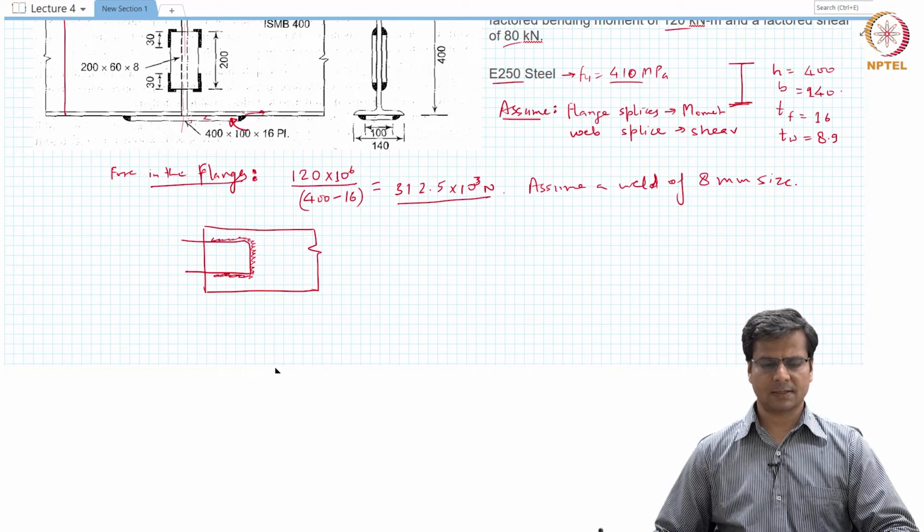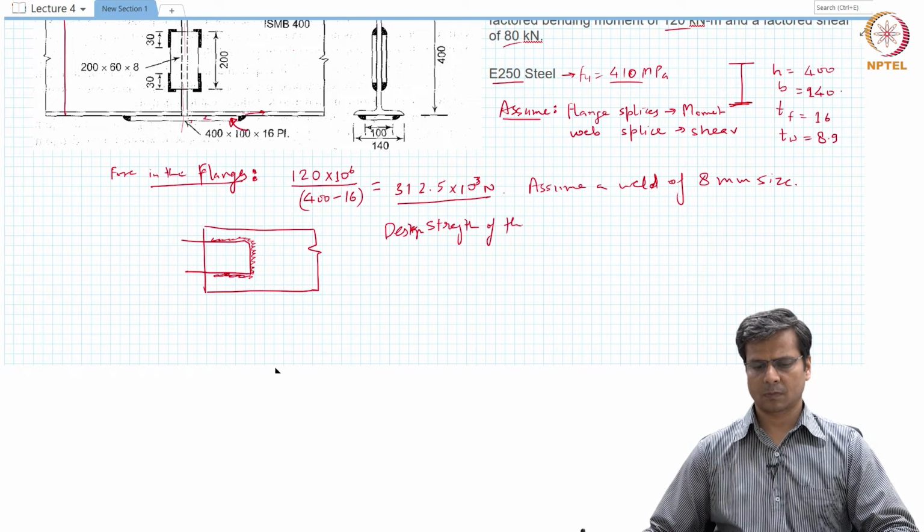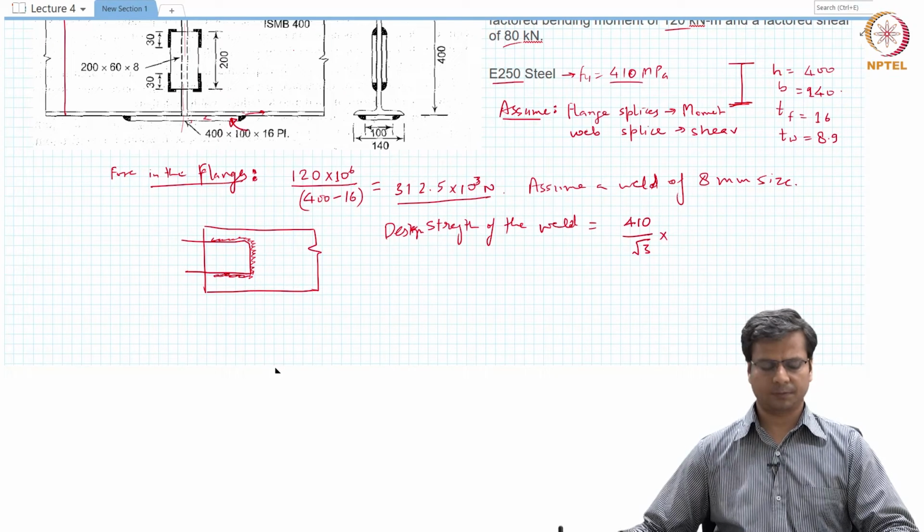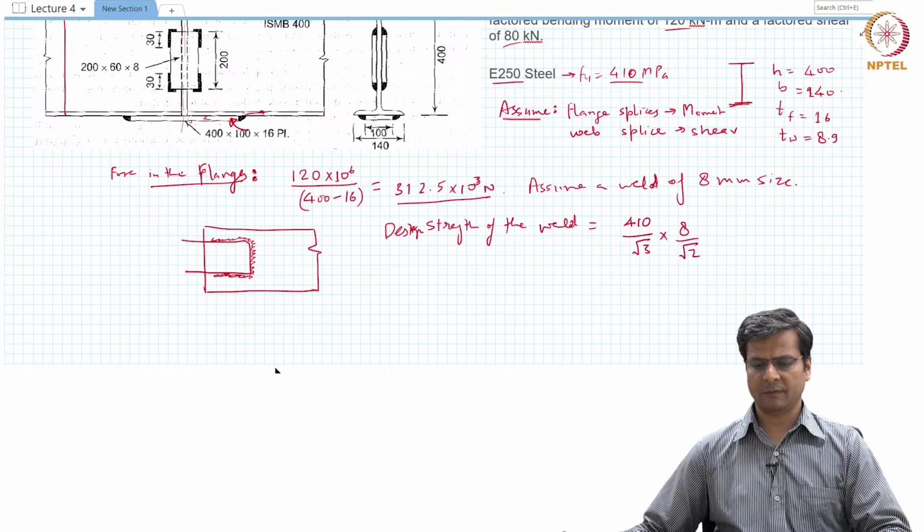If the weld size is 8 millimeters, the design strength of this weld per unit length will be equal to Fu divided by root 3, which represents the shear strength of the material, multiplied by the throat thickness, which is weld size divided by root 2.